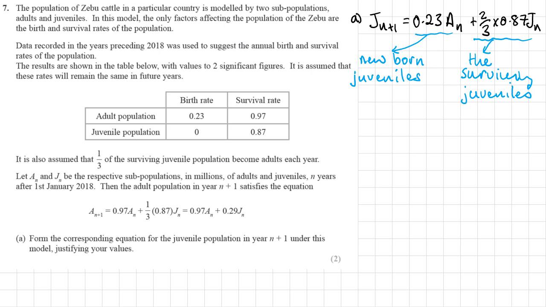So what that will give me is jn+1 is equal to 0.23 an, and then if I work out 2/3 of 0.87, I'll get 0.58 jn. So that's going to be the equation that represents how I work out the number of juveniles in the next year from the juveniles and adults in the previous year.